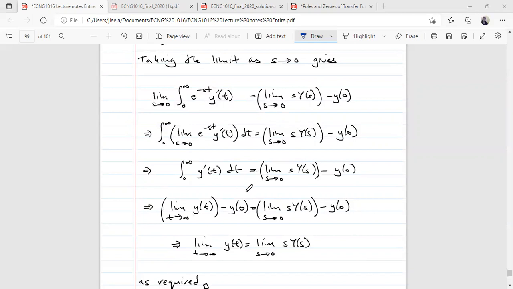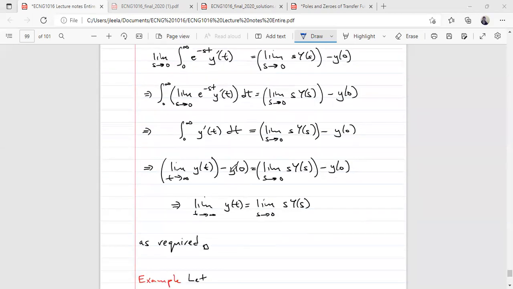And this integral between infinity and 0 of y'(t), you can take as the limit as t approaching infinity of y(t) minus y(0), which equals the limit as s approaches 0 of sY(s) minus y(0).